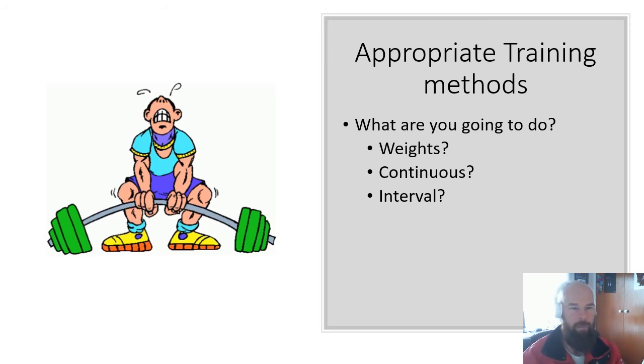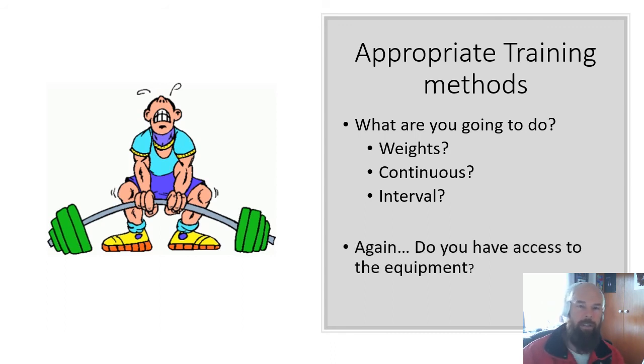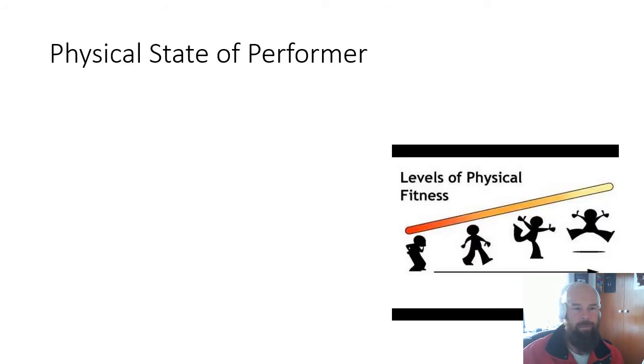Interval. Are you going to work for a period and then have a rest? What sort of training method are you going to do? And again, do you have access to what you're trying to achieve there? Do you have access to the weights? Do you have somewhere that you can run? Most people should have somewhere that they can run or ride or whatever. Swimming might be a little bit difficult, but again, do you have the access?